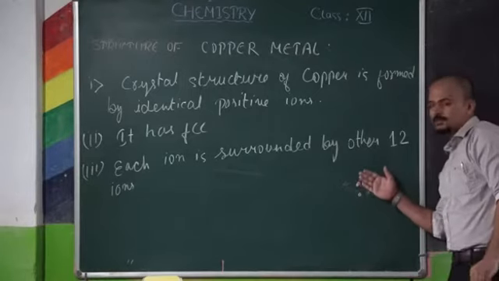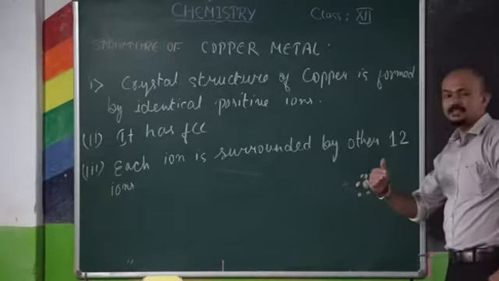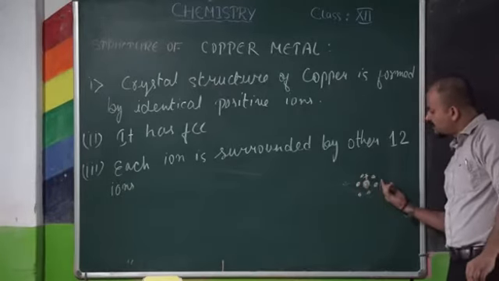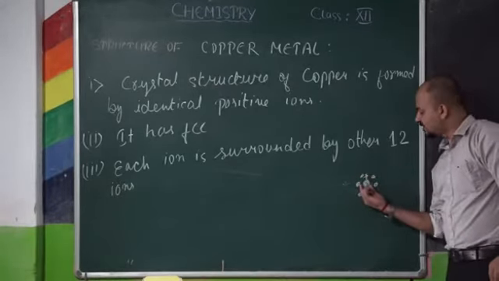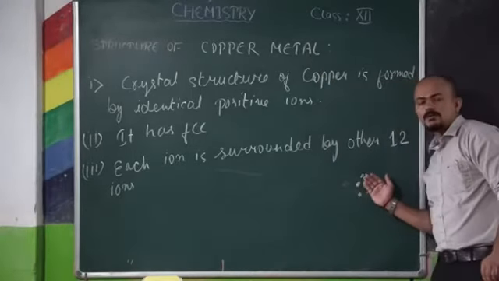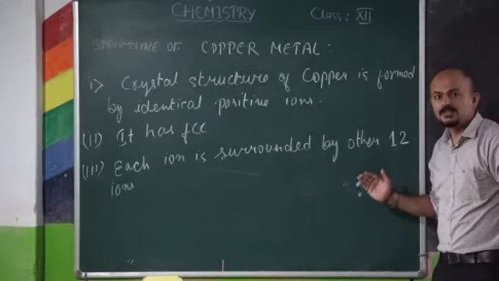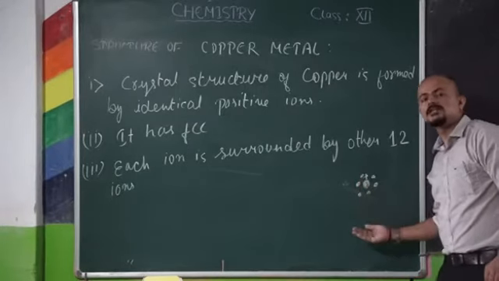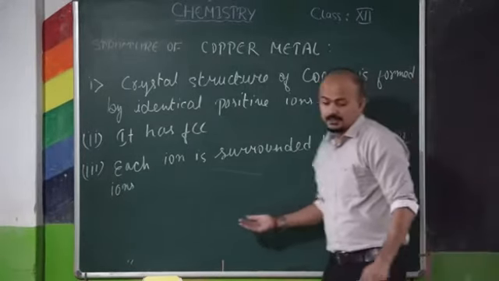See, this is lying on the plane of the board. The 6 will be lying on the same plane as this positively charged ion. The 3 will be lying above the plane, the other 3 will be lying below the plane. Okay?